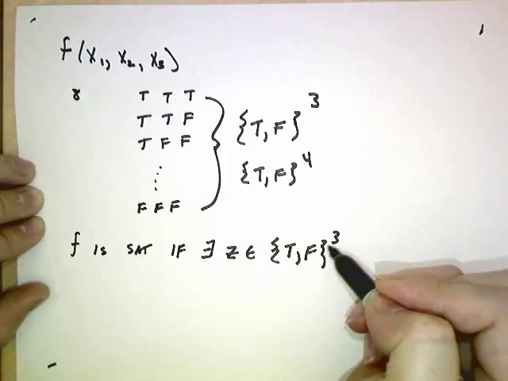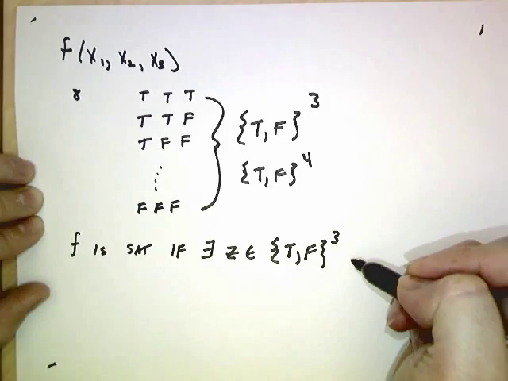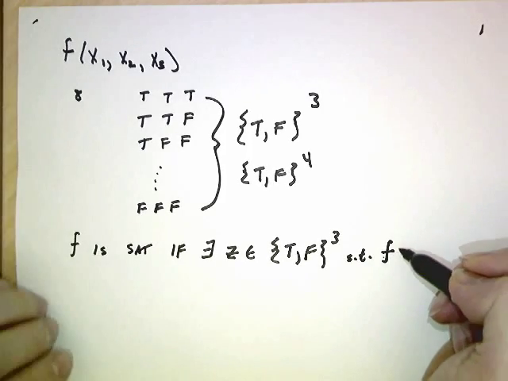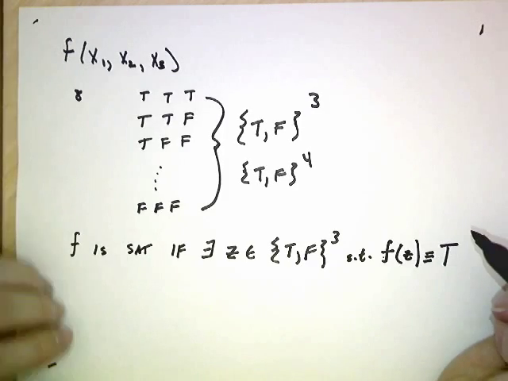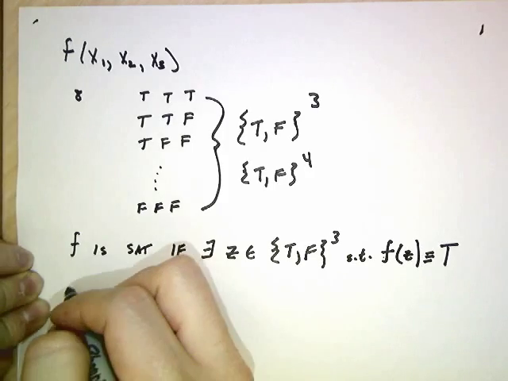So f is satisfiable if there exists a z that is an assignment of length 3 such that f on z evaluates to true or simplifies to true. And what does it mean for a formula to be unsatisfiable?